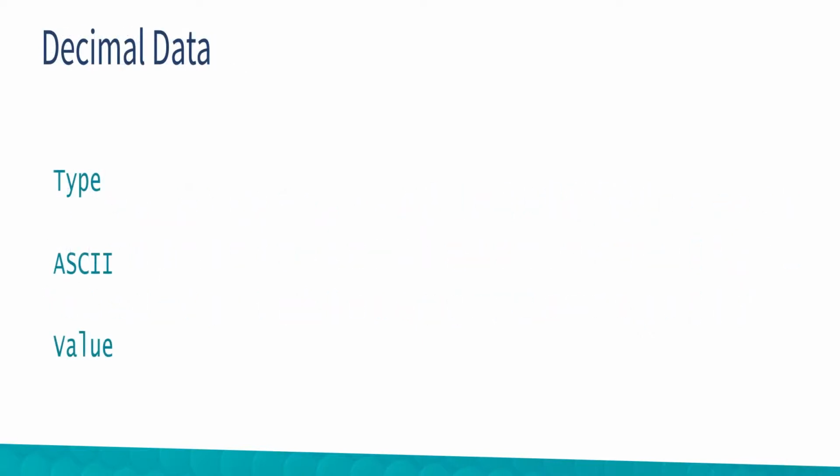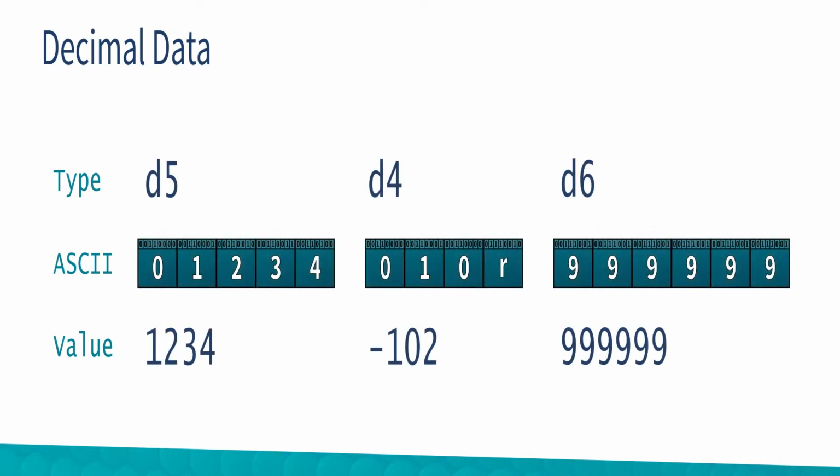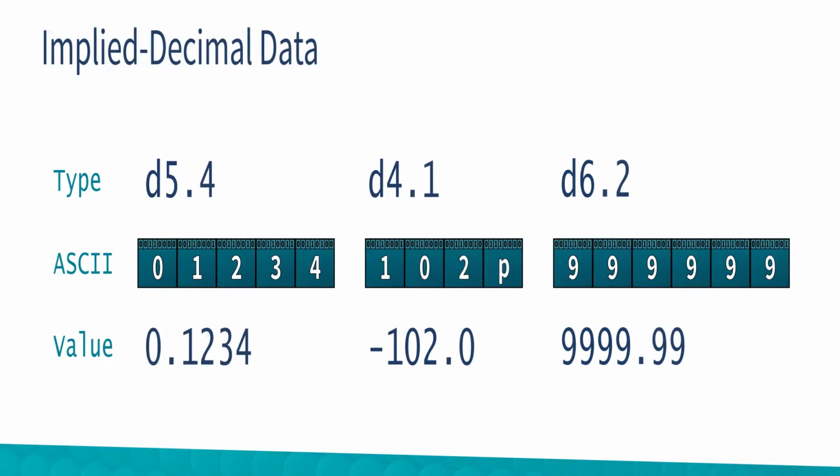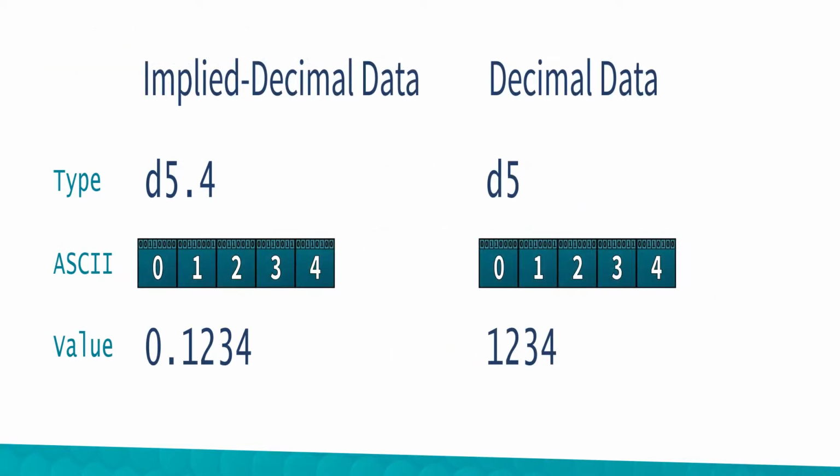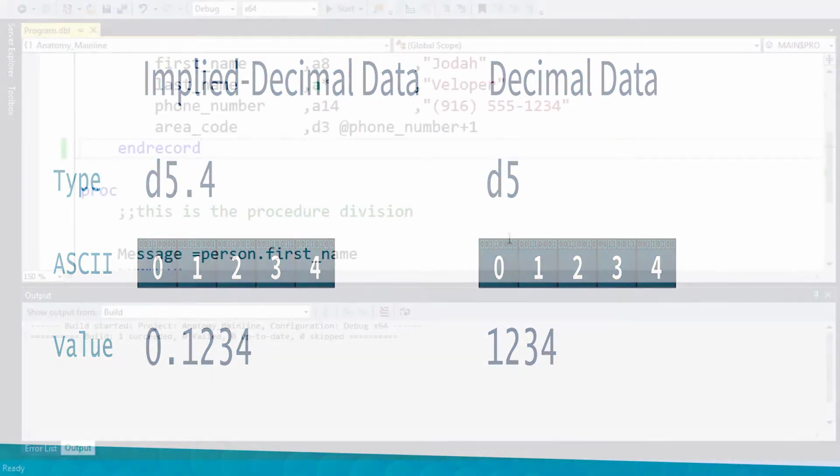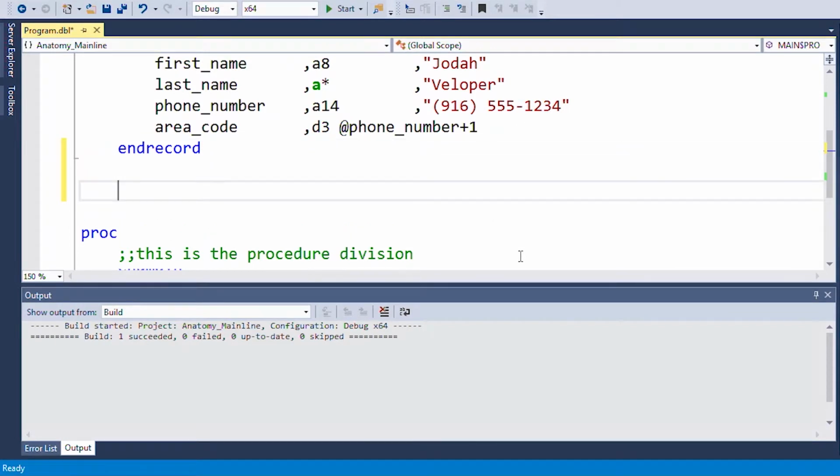The difference between the two data types is that decimal data can only represent whole numbers, while implied decimal data includes an implied decimal point, so it can represent fractional values. In mathematical terms, the implied decimal type can store decimal numbers, while the decimal type, despite its name, can only store integers. Let's see how implied decimal data is defined.